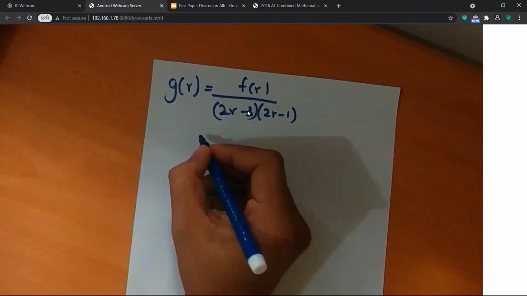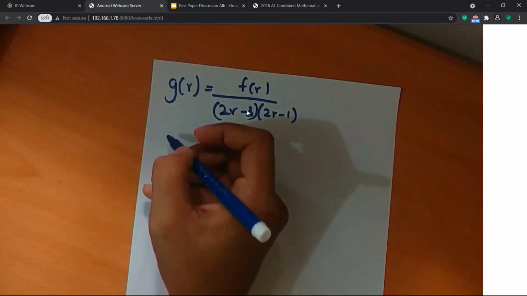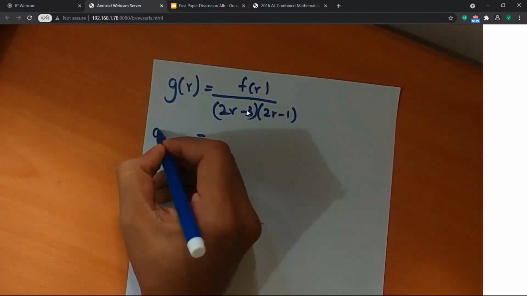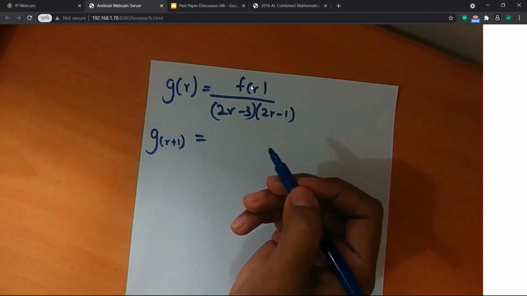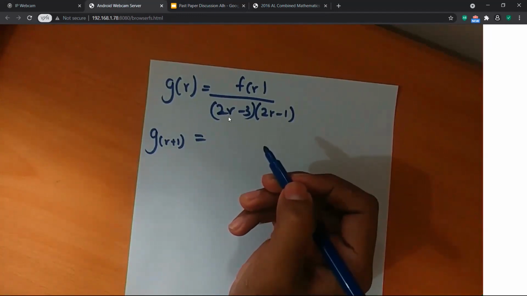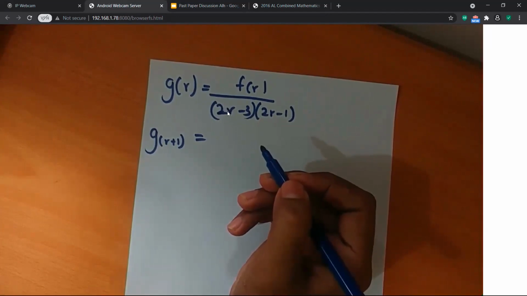We already found what f(r) was, right? Now, can we write what is g(r plus 1)? If we substitute r plus 1 into all these terms, what will we get? For 2r minus 3, it will be 2r plus 2 minus 3. That means 2r minus 1.